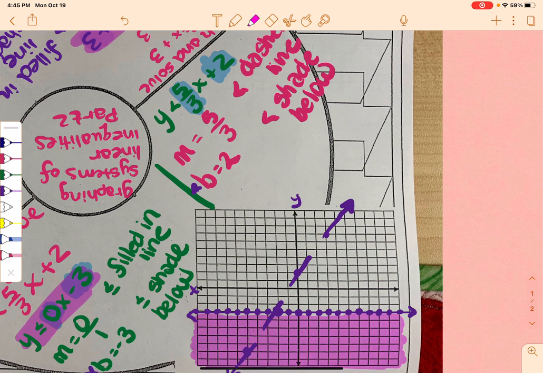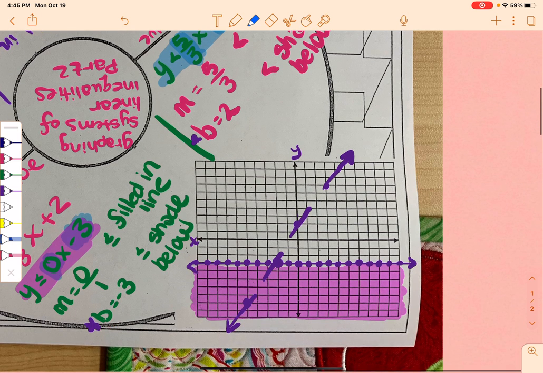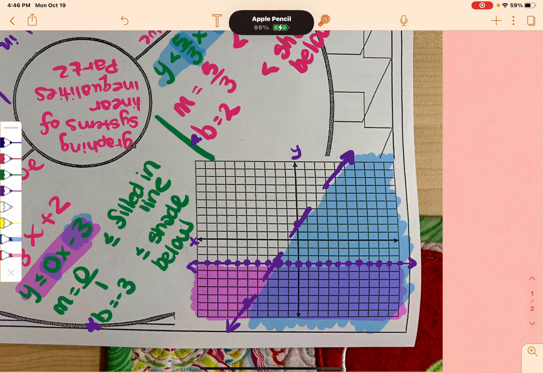Oops, I guess it would help if I had a highlighter. So on this one, I am shading below. So below is going to be on this side. So I can see some area that's just pink or just blue, but this part that overlaps right here is where our solution is going to be. Okay, we'll keep working on this.